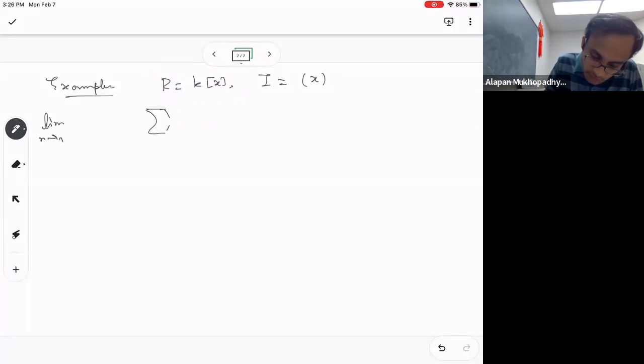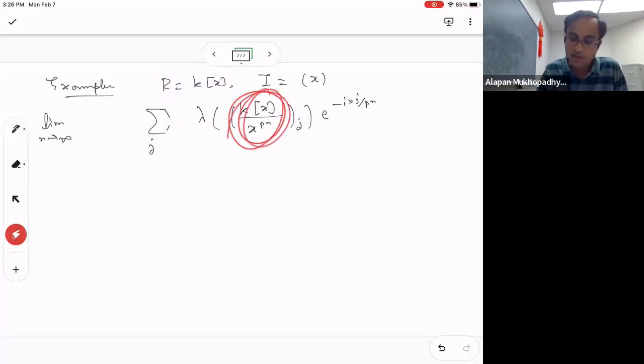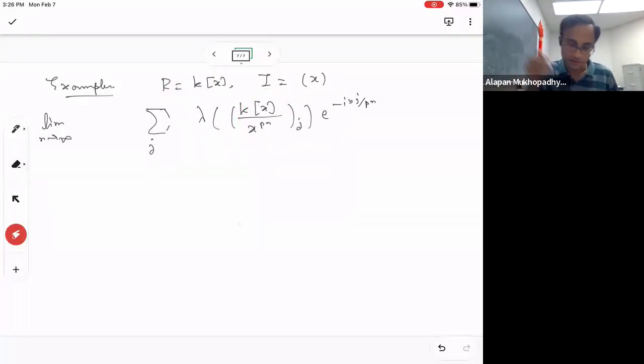It's the limit as n goes to infinity of the sum over j of the length of the jth graded piece of R mod x to the p^n, times e^(-iyj/p^n), with a 1 over p^n normalization. This object has elements in degrees up to p^n minus 1.